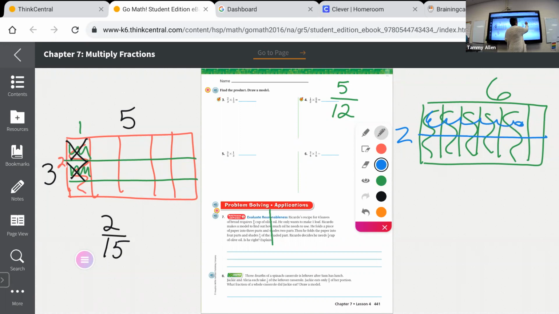I needed 1 of those, and I needed 5 of those. I needed 1 times 5, right? 1 row of 5. Does that make sense? That's why that all works. And on the other one, I saw that the 1 times 2 to get to 2, and then the 5 times 3 to get to 15. Questions on that?